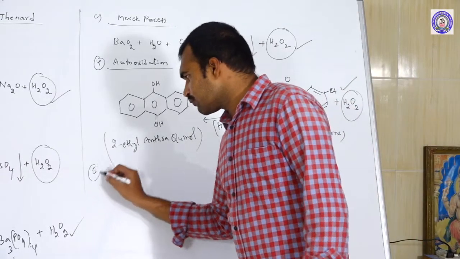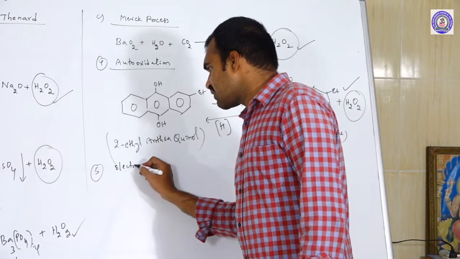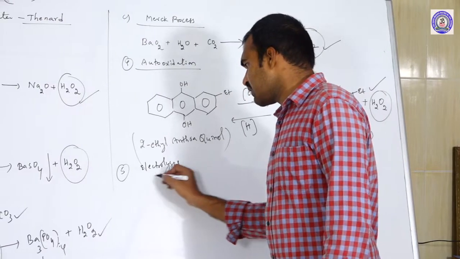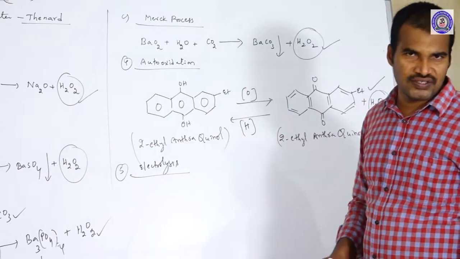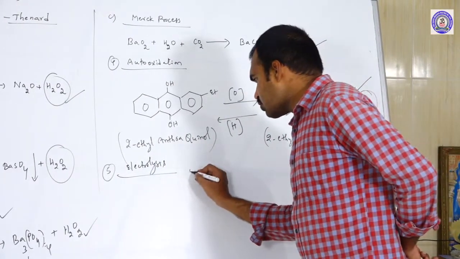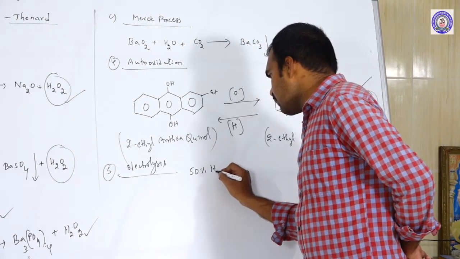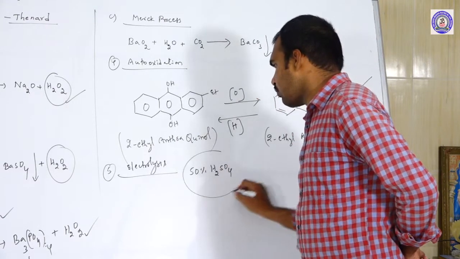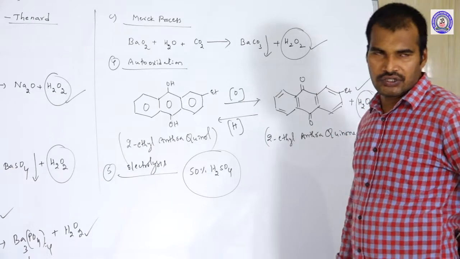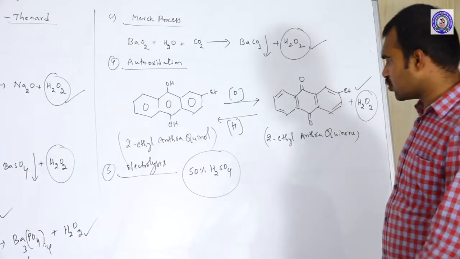The fifth one is the electrolysis method. In this method, they prepare H2O2 by using 50% H2SO4.